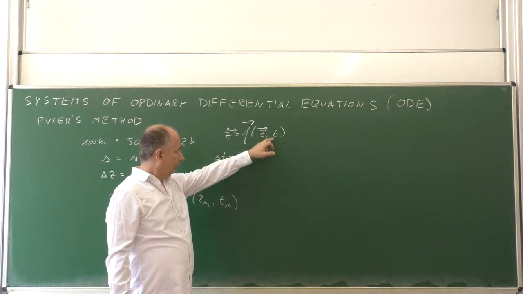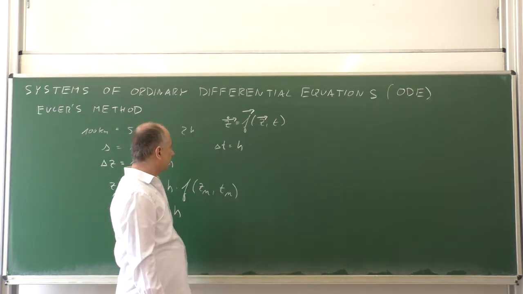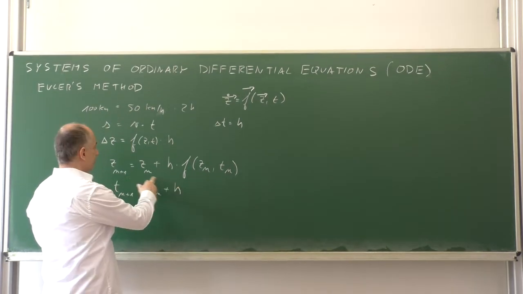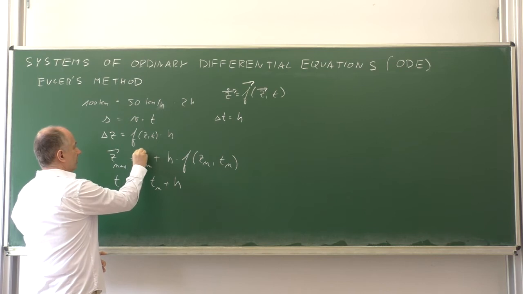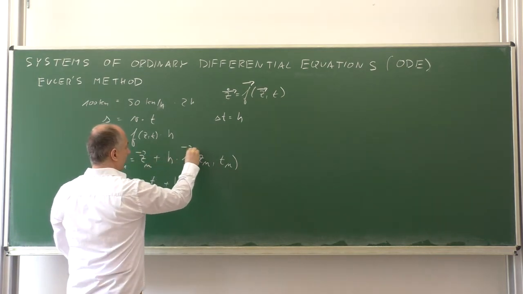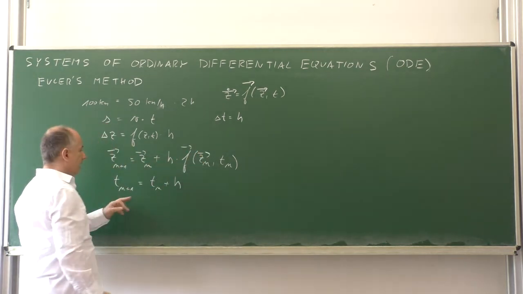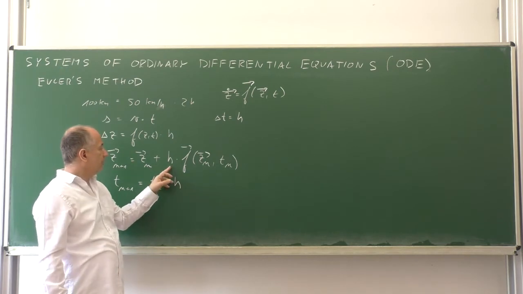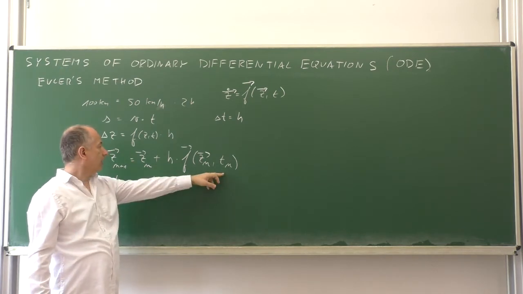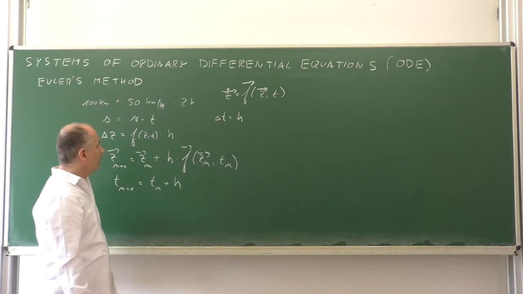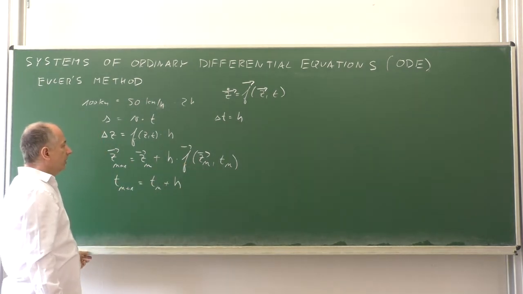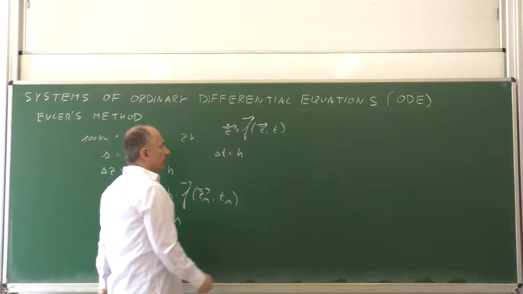The time t remains scalar. And then this remains perfectly valid, just these quantities are all vectors. Time is scalar, the step size is scalar, and everything else, the position and the right-hand side, is vector. Let us illustrate how it works with the following example.